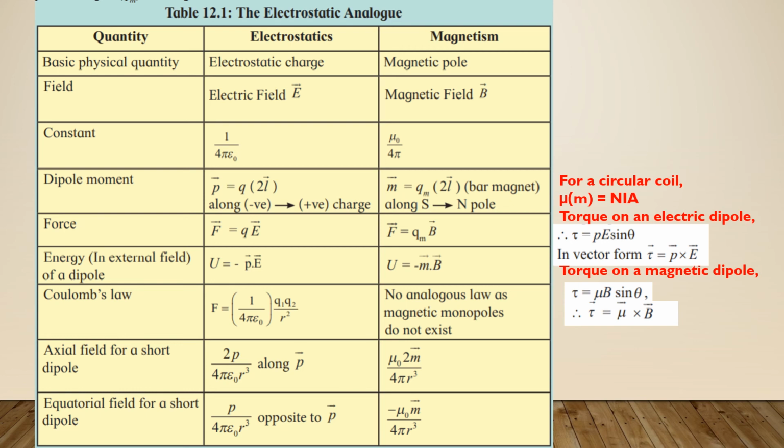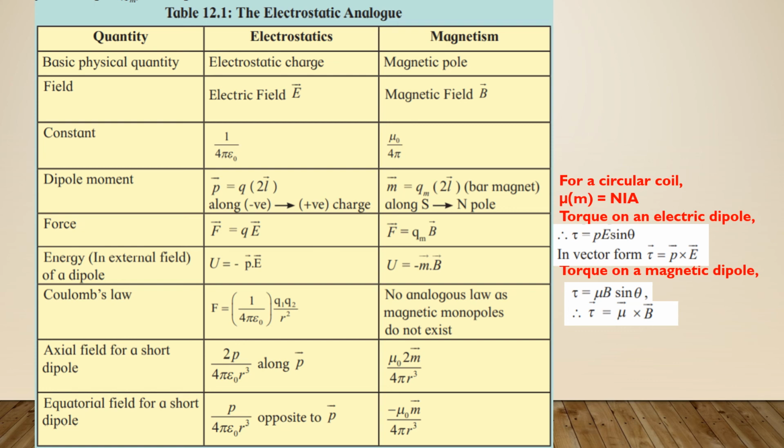Again, oppositely directed to m bar. Thus, if we compare the axial field to the equatorial field at the same distance from the center of the electric dipole or the magnetic dipole, we can conclude that axial field is stronger than the equatorial field.